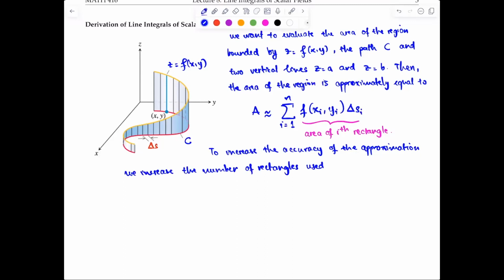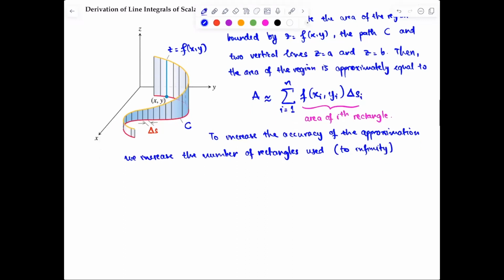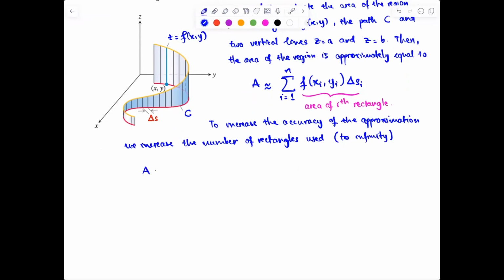Technically, we're going to increase that to infinity. So A no longer has the approximately equal to sign. We have an equal sign. So you take the limit as n goes to infinity of the summation for i going from 1 to n of f of x sub i comma y sub i times delta s sub i.